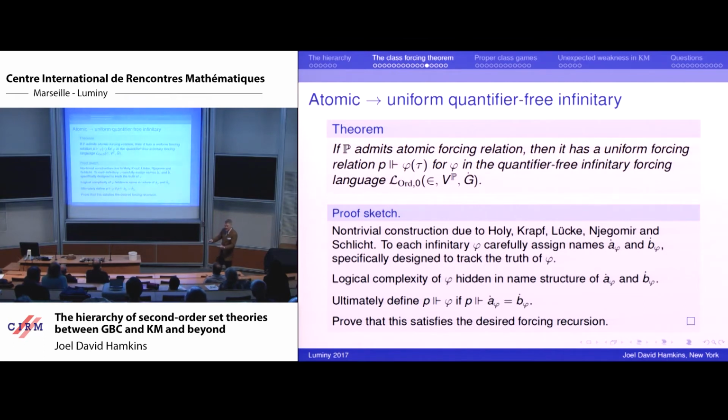So we design these names very carefully, precisely so that this relation, we have a forcing relation on the atomic formula, so we can tell when P forces two names are equal, and we define those names in a very particular way, precisely so that this definition satisfies the forcing relation recursion. Okay, so that's all I want to say about that.